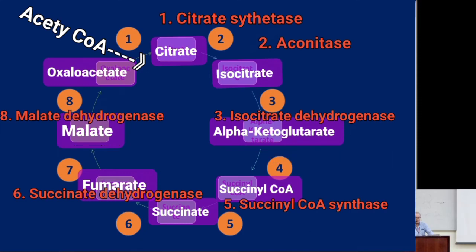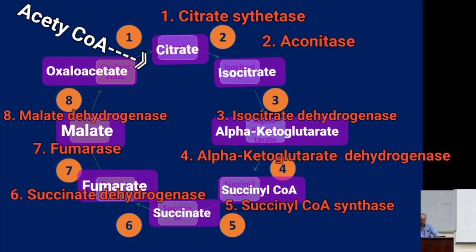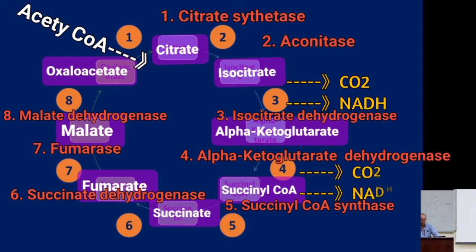So here's a simpler summary of all the enzymes: citrate synthase followed by aconitase followed by isocitrate dehydrogenase, again NADH and CO2 produced, then alpha ketoglutarate dehydrogenase, CO2 and NADH produced. By this point, with succinyl-CoA, you've already lost the CO2s. Here they are.